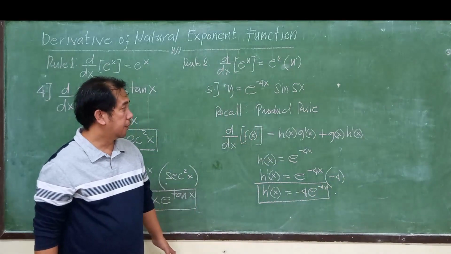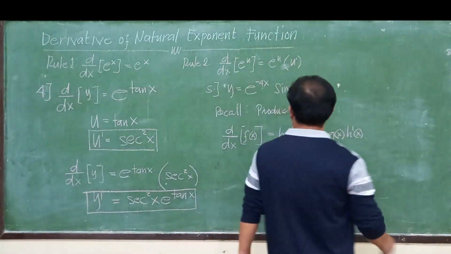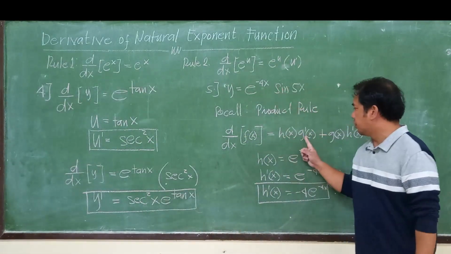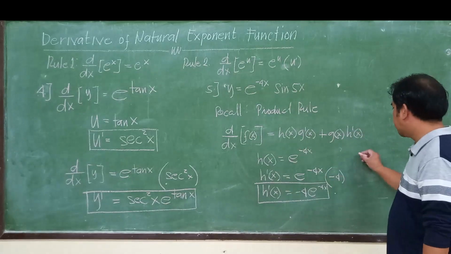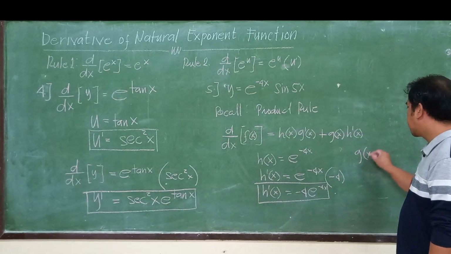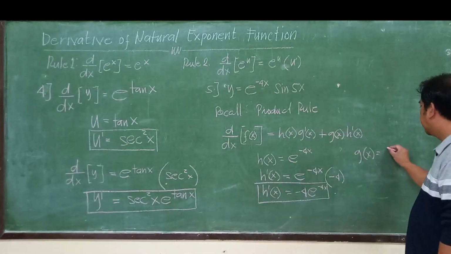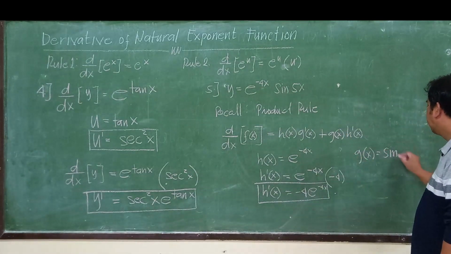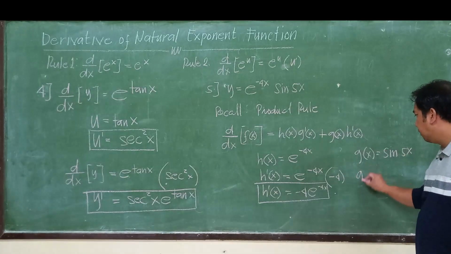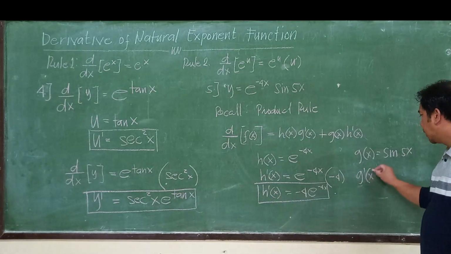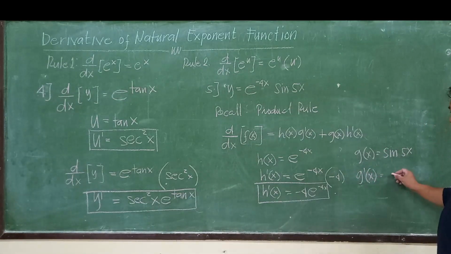So that is step number 1. For step number 2, we have to get your g function. What is our g function? G of x is equal to sine 5x. Get the derivative. G prime of x is the same as 5 cosine x.